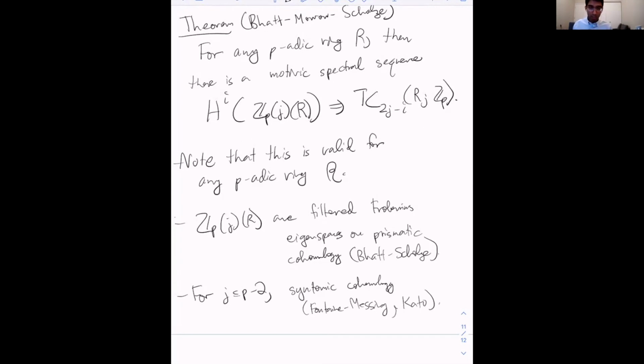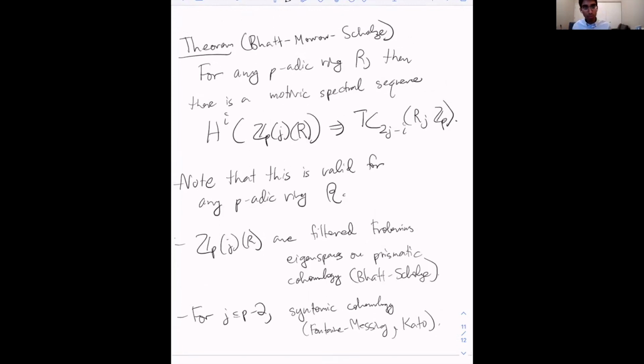But anyway, sorry, maybe the point that I want to make is that one has an analog of the motivic spectral sequence, but the terms involved are of a very different flavor. Previously in the motivic spectral sequence, things had to do with algebraic cycles, but now they have to do with these prismatic cohomology theories.